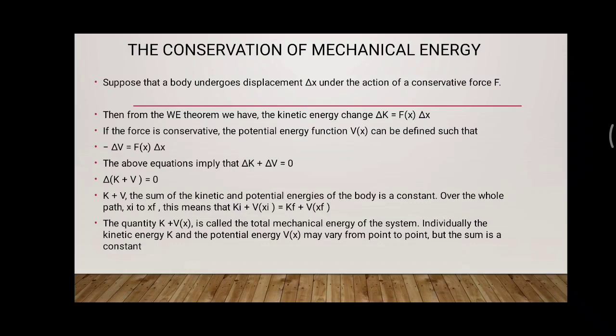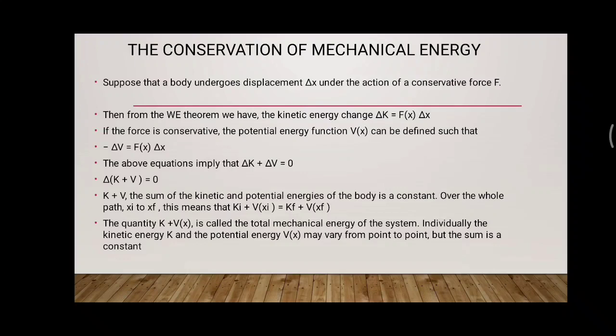So the above equation implies that if you take the sum of delta K and delta V, the change in kinetic energy and the change in potential energy, the sum will be equal to 0. That means delta of K plus V is equal to 0, as delta K is equal to minus delta V. So K plus V, the sum of the kinetic energy and potential energy of the body, is constant over the whole path, that is xi to xf.